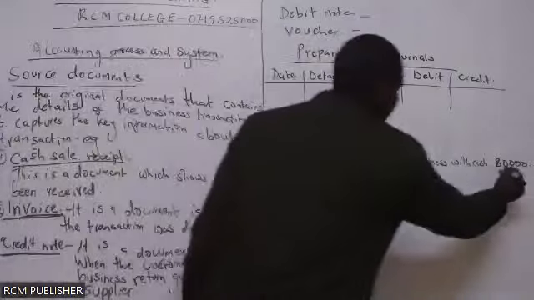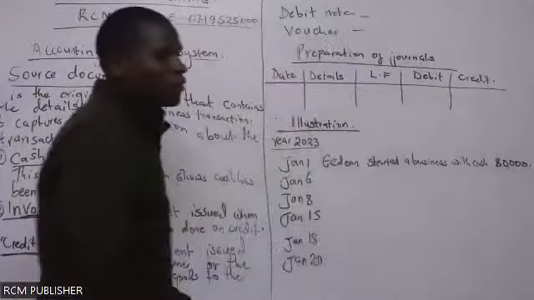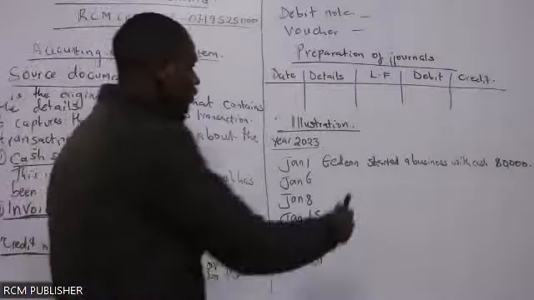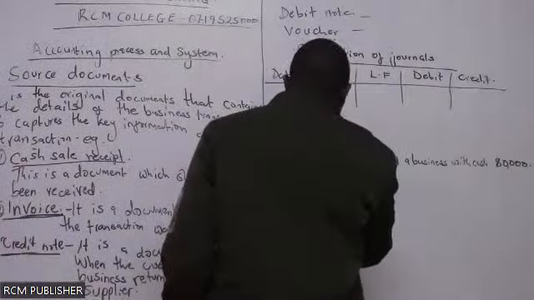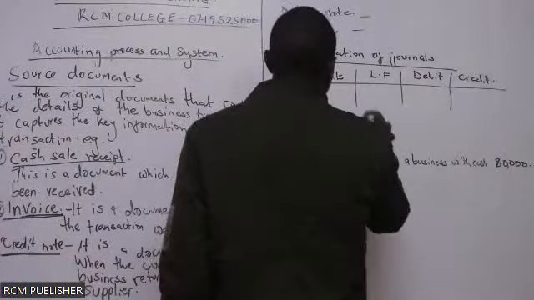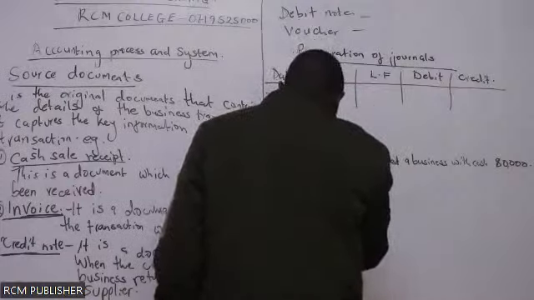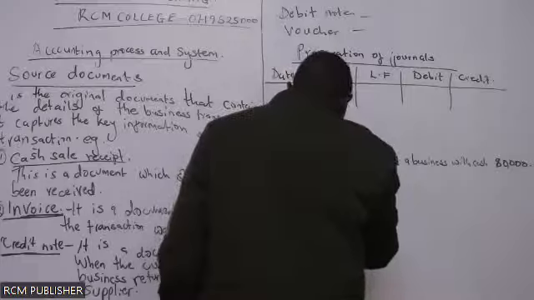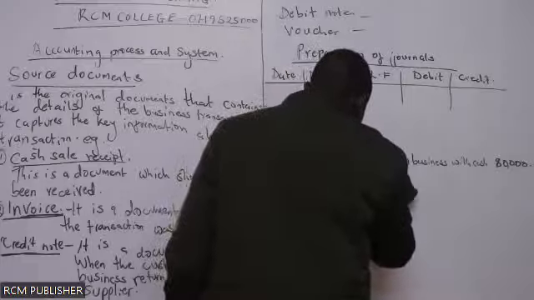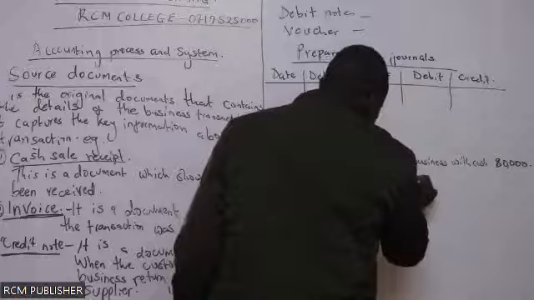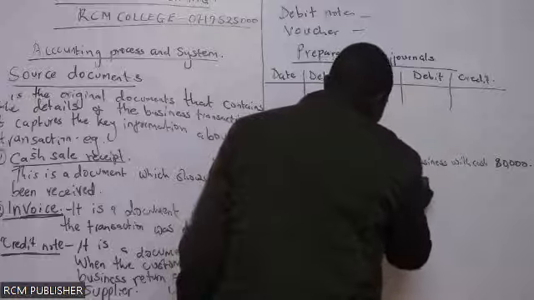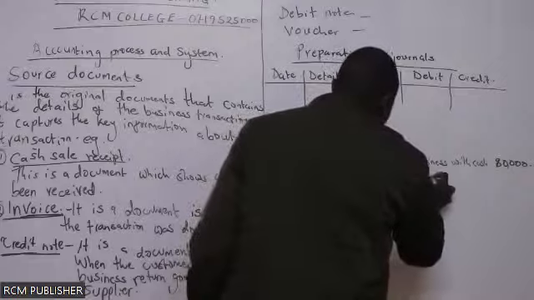I hope this is visible. Then the same Gideon, that means the business will be for Gideon. Gideon is the owner of this business. Gideon purchased goods from Ray. We have Ray, goods from Ray.